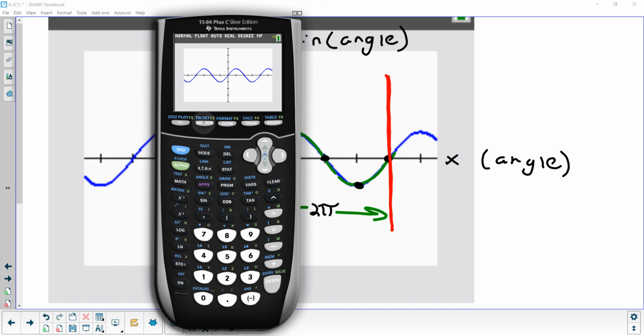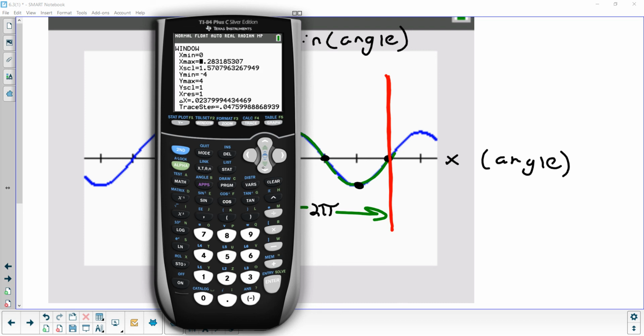So one way to show exactly one cycle, if you're in radians, is set your x min at 0, set your x max at 2 pi, and hit graph. So I set an x min of 0 and an x max of 2 pi, one cycle.